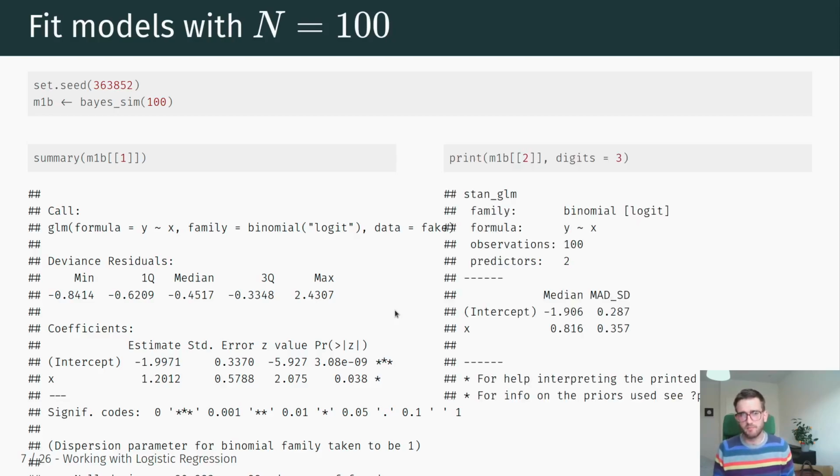Okay. Compared to that, when we look at the results for our Bayesian model, where we were able to specify prior information to give some indication of the reasonable range that we expect for our slope coefficient, we see that our parameter is actually still very close to our true data generating process of 0.8.